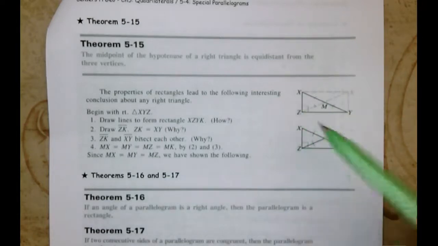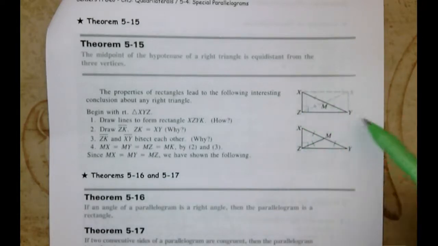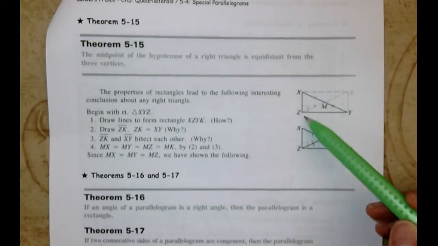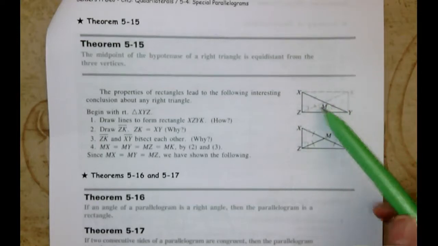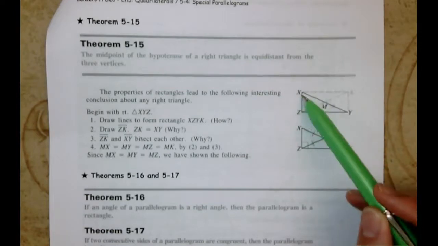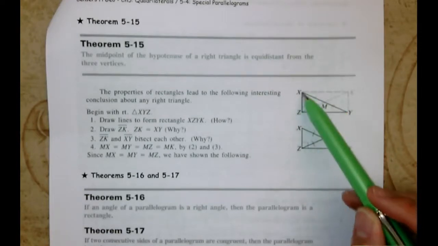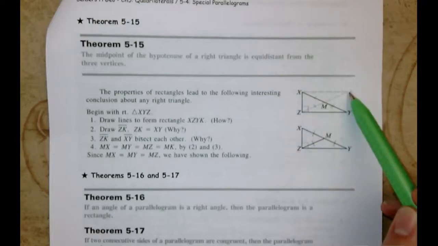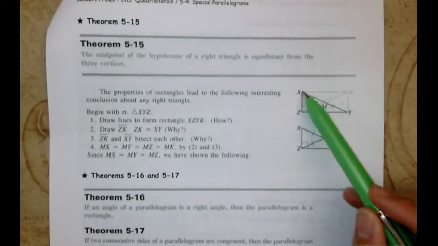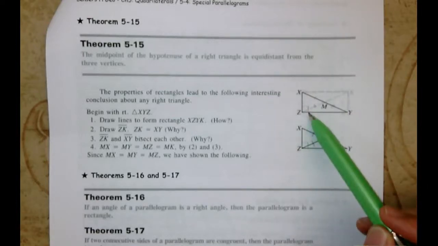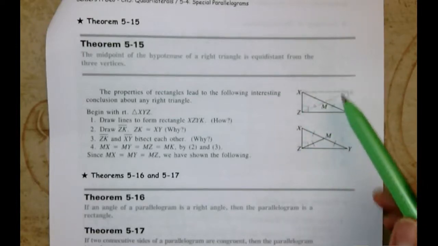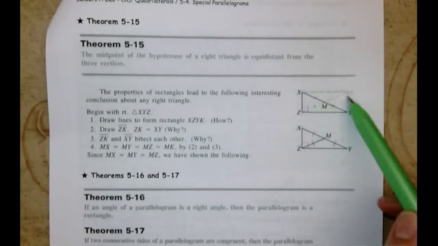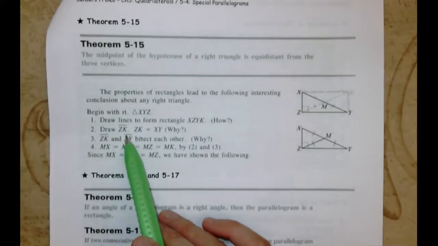Okay, the properties of rectangles lead to the following interesting conclusion about any right triangles. Alright, so begin with right triangle XYZ and draw the rectangle XZYK. So you just add another two sides to make it a rectangle. This is a right angle, so if you draw a line that is parallel to this and parallel to this, these are all going to be 90 degrees, and draw ZK.